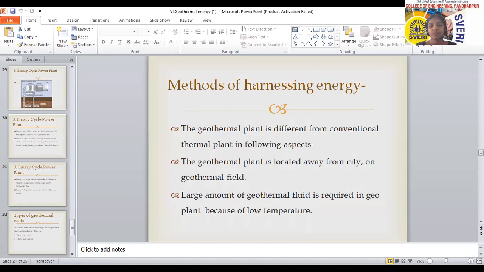This is one difference, because in the case of a thermal power plant, we consider factors for site selection, and according to site selection criteria, we install that plant. But in the case of a geothermal plant, we have to locate the plant at places where a geothermal well or geothermal energy is available. At that place only can you install the system.